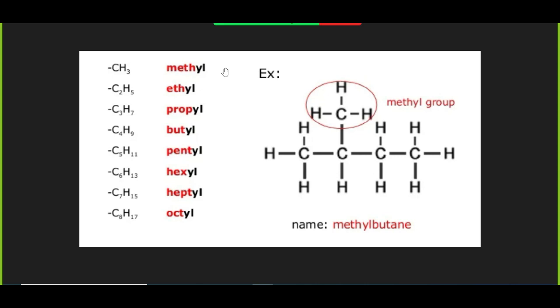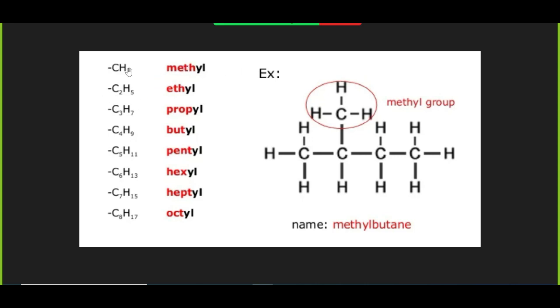So how do we name them? When we have one carbon group, it's meth and then something. If it's a group related to a much longer hydrocarbon chain, then it's methyl. Otherwise, if it's just the group itself, CH4, because you know the carbon can bond to four different hydrogens, then it's methane.